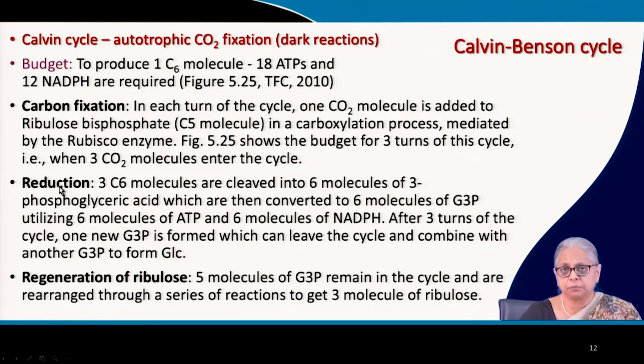Now in the reduction part, the second step, let me back up a little bit. One carbon dioxide, when it is added to ribulose bisphosphate, generates a C6 molecule. So 3 of these C6 molecules are cleaved into 6 molecules of C3 compounds.